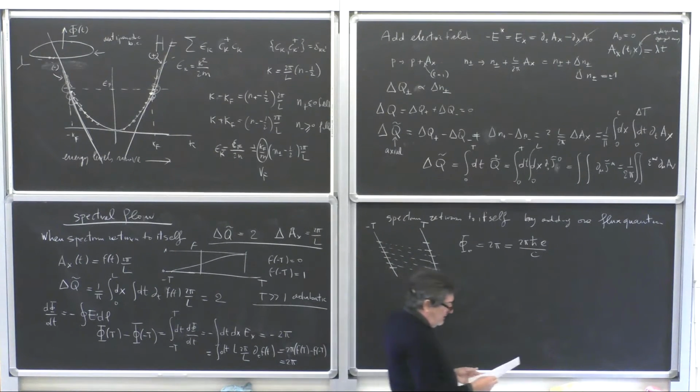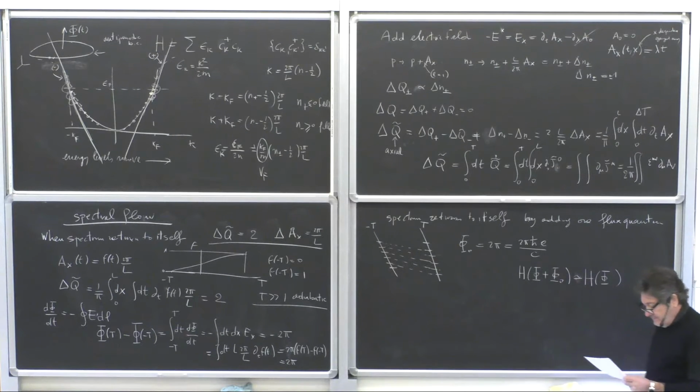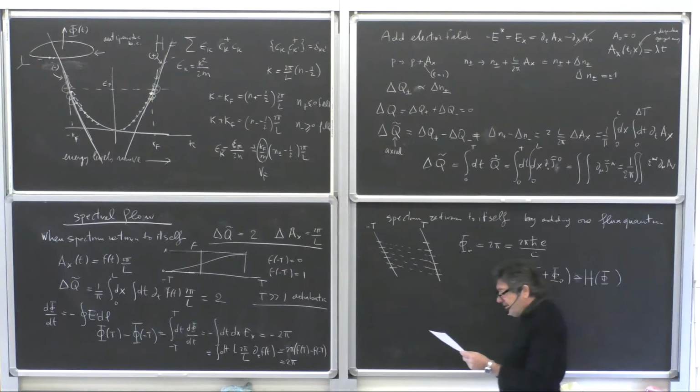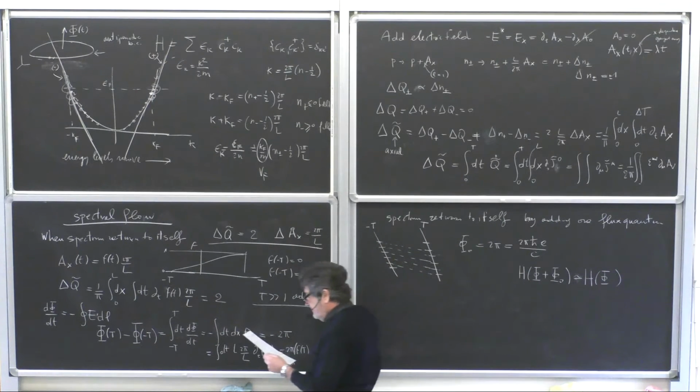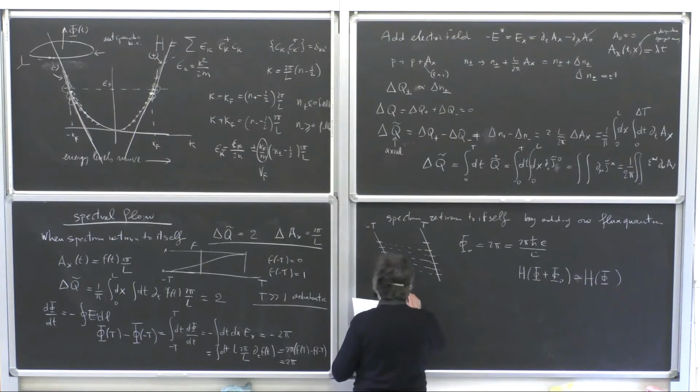Okay? So pictorially you can say that the Hamiltonian plus a quantum flux is equivalent to the Hamiltonian without flux. Okay? In which sense is it equivalent? Well, it is a gauge transformation. With respect to the Hamiltonian, it is a gauge transformation. Let me show you the gauge transformation.